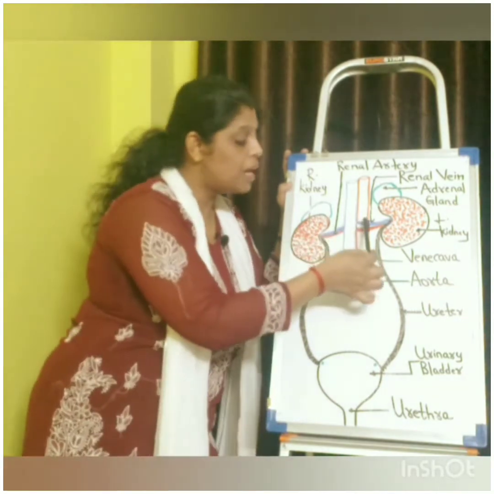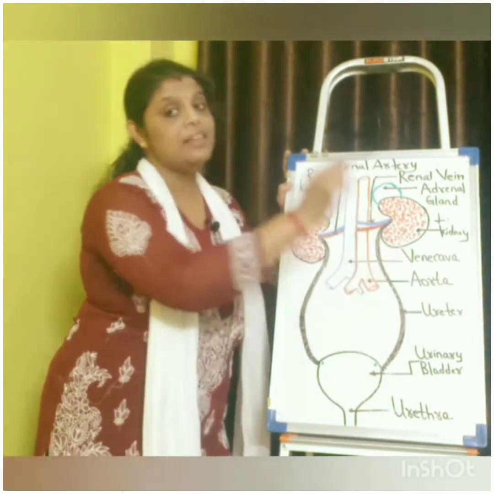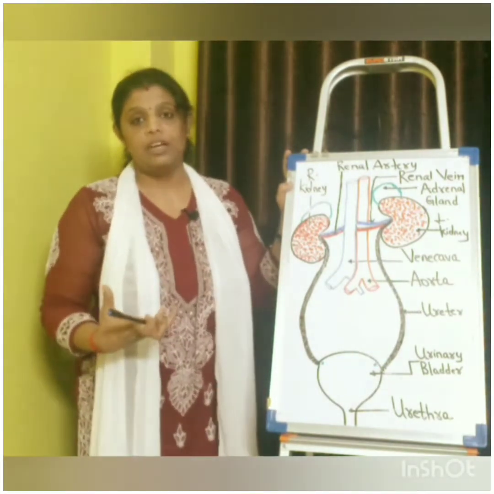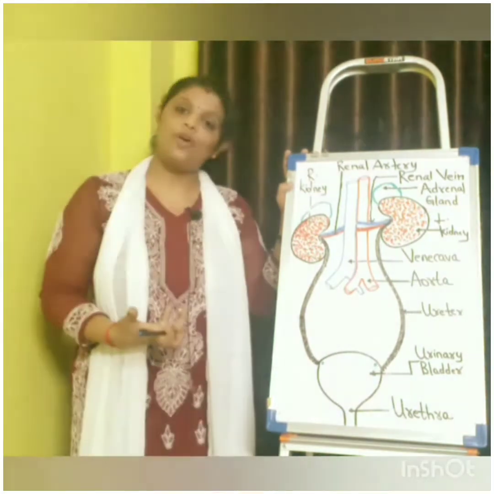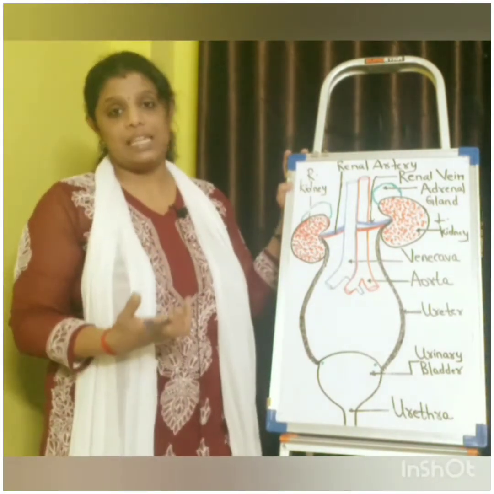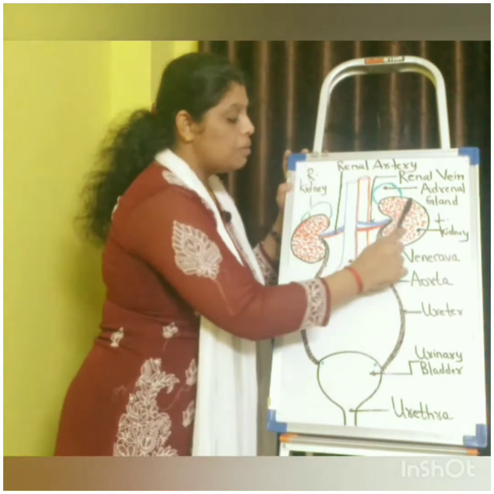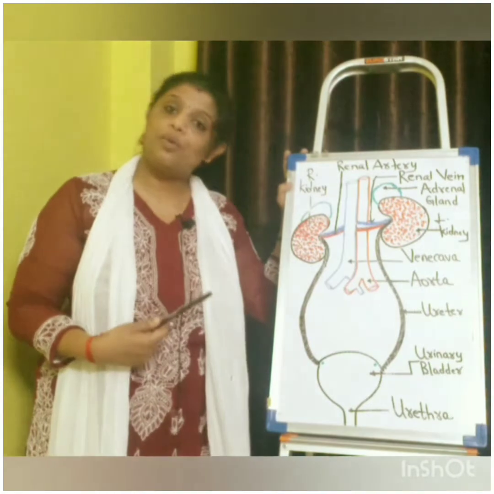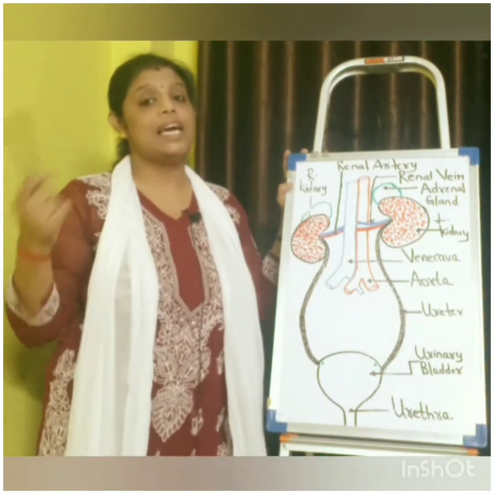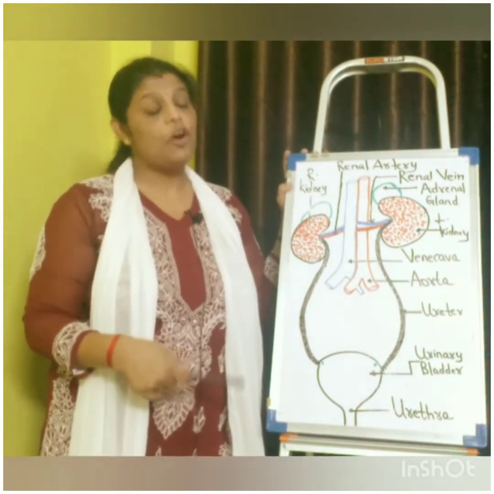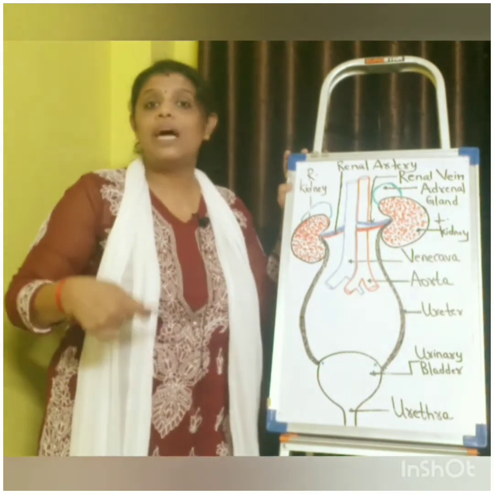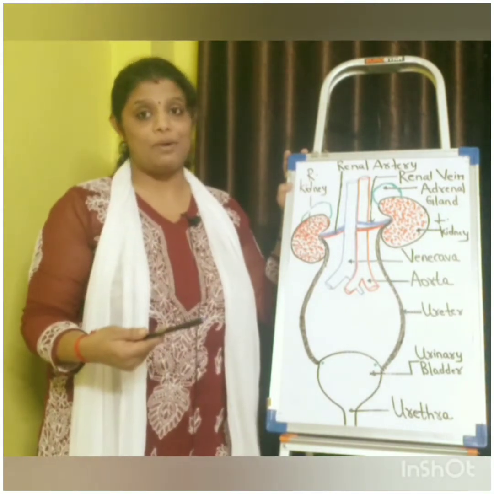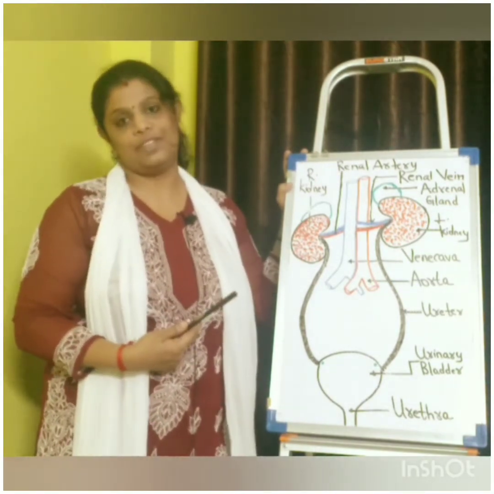So that blood from the aorta is entering a particular organ for filtration, and that organ is nothing but the kidneys. Inside the kidney, all the purification mechanisms occur. Whatever is required by the body needs to be sent back to the bloodstream for utilization by the body, because blood goes everywhere. So via blood, the required material in the required amount reaches each and every part of the body.